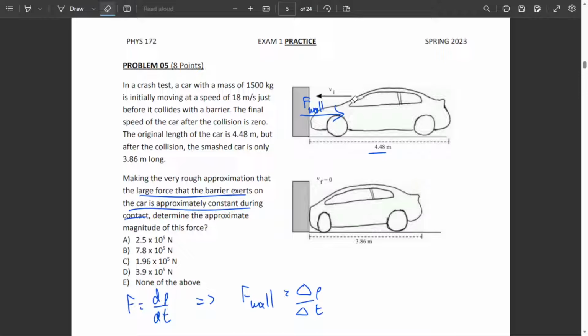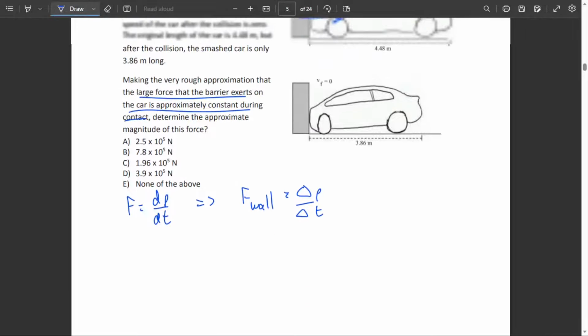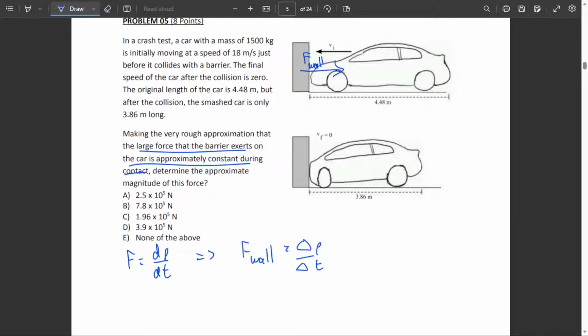If we assume that the force is constant, then its speed over the entire collision is going to look like a straight line going from the initial velocity to 0. So if we have a graph showing velocity and time, this is how the speed of the car acts over the entire course of the collision.